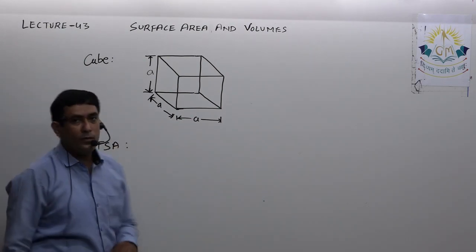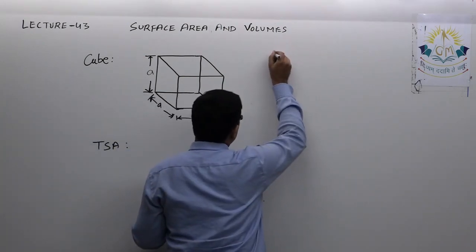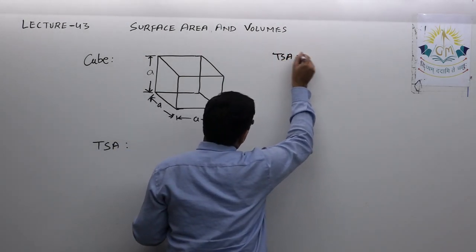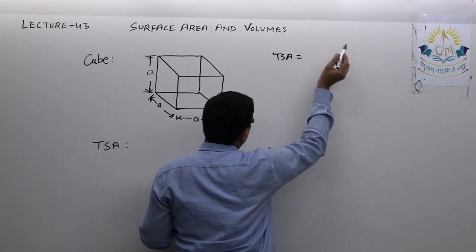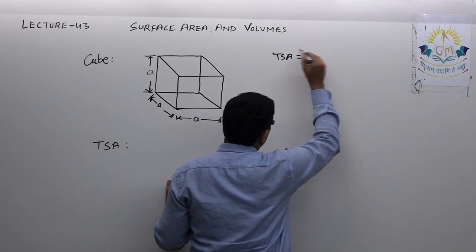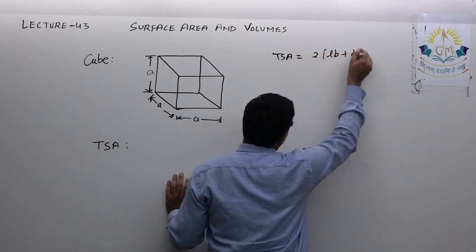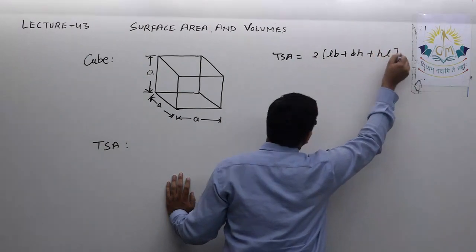Now there are two ways to find the total surface area of a cube. Let me first write the formulas of TSA, LSA, volume and diagonal for the cuboid. For cuboid we have TSA is twice of LB plus BH plus HL.